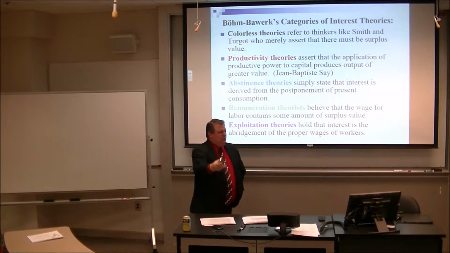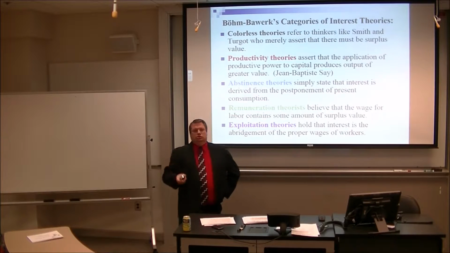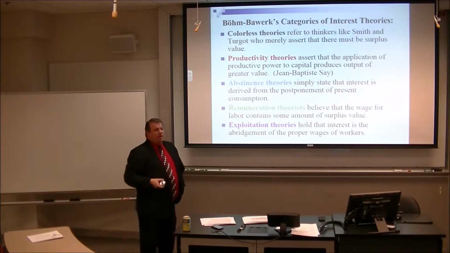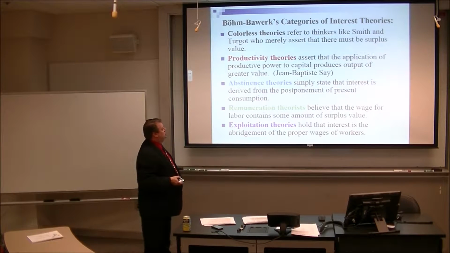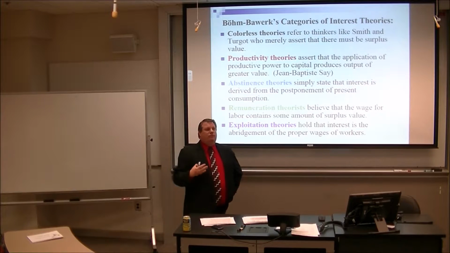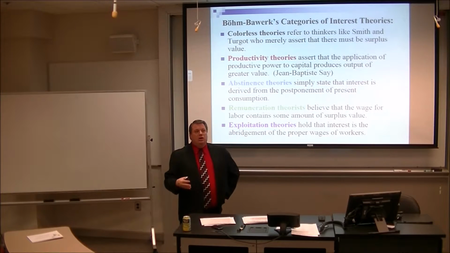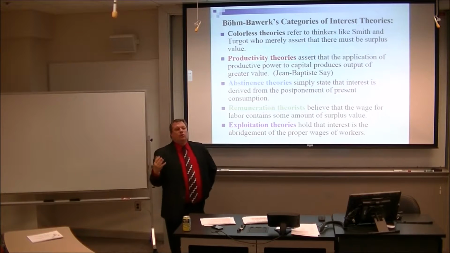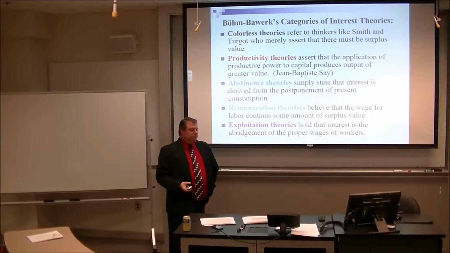It doesn't really give us much detail, just an assertion. The second category, which we see Jean-Baptiste Say fall into, is productivity theory. And these assert that the application of the productive power of capital then produces this output of greater value, and so therefore we're going to have this bonus, which we call an interest.